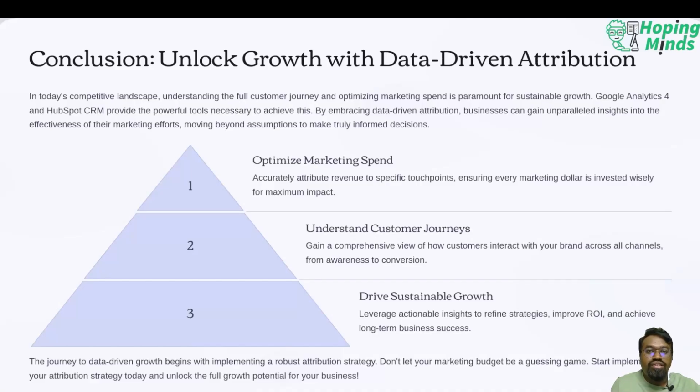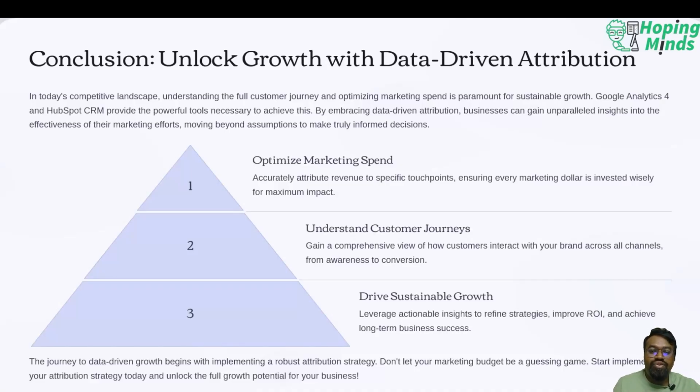So we need to start doing optimized marketing spend, understand the customer journeys, and gain a comprehensive view of how customers interact with your brand across all channels, from awareness to conversion. Also, we need to make sure that we drive sustainable growth, leveraging actionable insights to refine strategies, improve ROI, and achieve long term business success, which are very, very important.